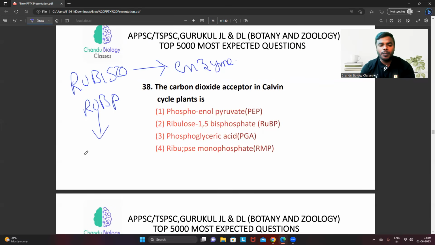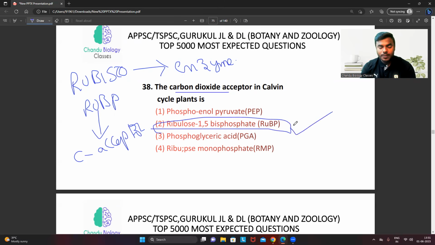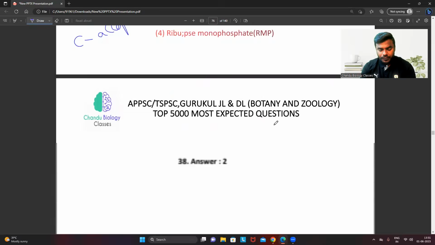What is RUBP? RUBP is the carbon acceptor. Never ever get confused with that point. The question asked is who is accepting the carbon, which is ribulose 1,5-bisphosphate, which is the RUBP. RUBP is the acceptor. Rubisco is the enzyme. Never ever get confused with that point.